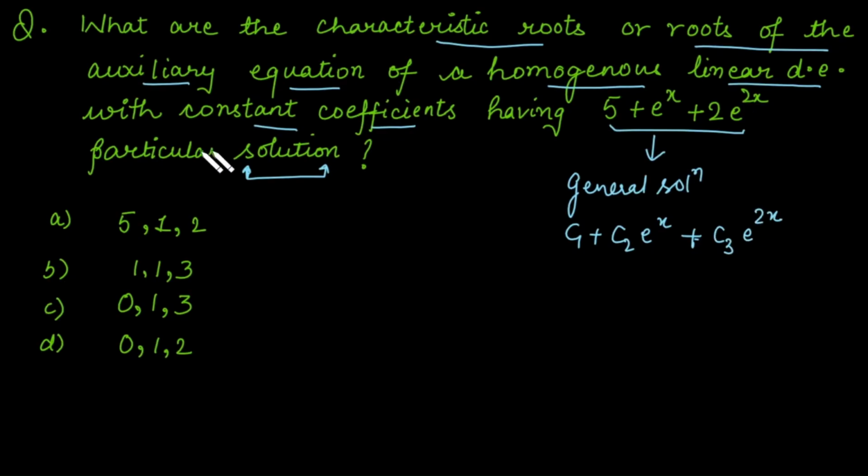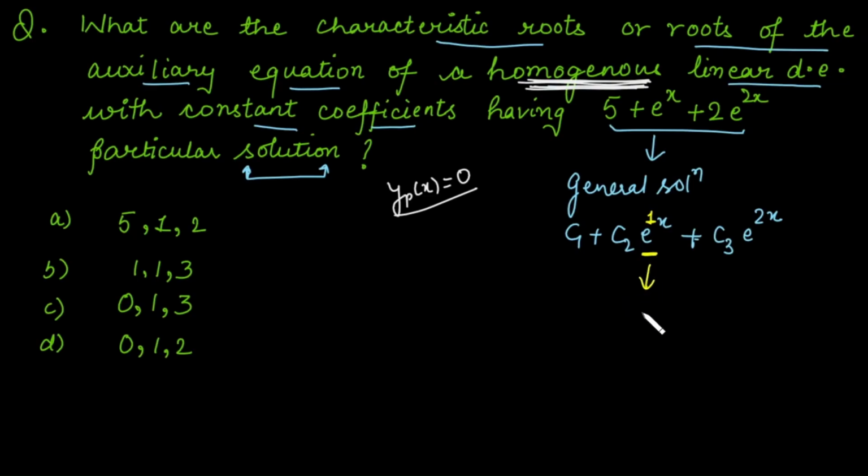So why am I saying that it is not a particular integral? Even the question indicates that this is a homogeneous differential equation. In the case of a homogeneous differential equation, the particular integral is equal to 0. Now from here we need to identify the roots of the auxiliary equation, meaning the values of m. This can be written when we have m equal to 1, meaning the coefficient of x is equal to 1.